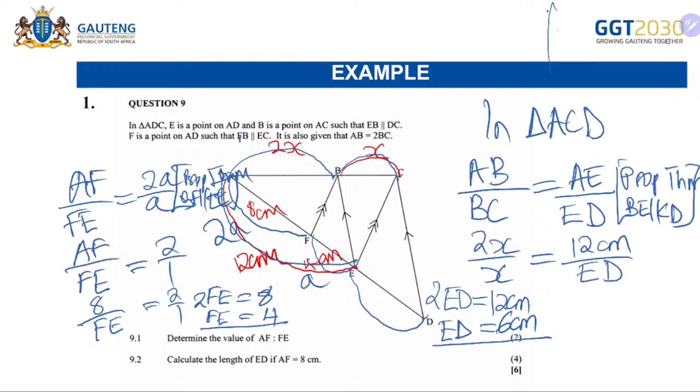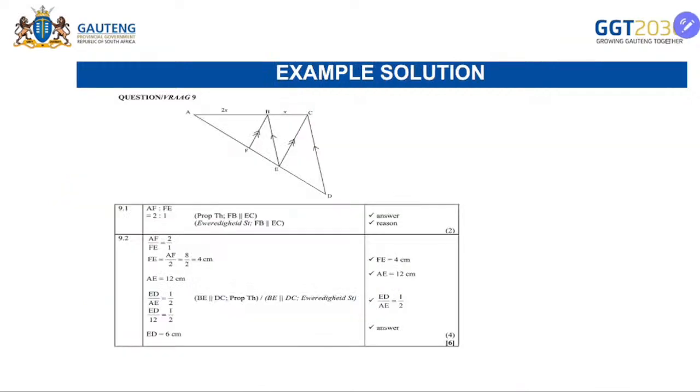And then for using triangle ACD to help you get your ED again. So for the proportionality theorem, the statement and reason, you'll get another mark. And for getting the value of ED as 6, you will get your final mark. Let us look at the complete solution.